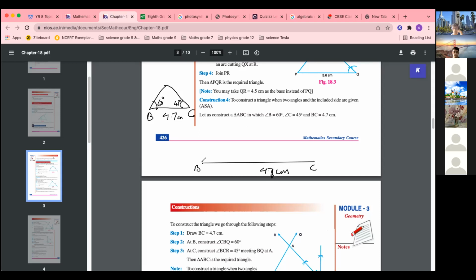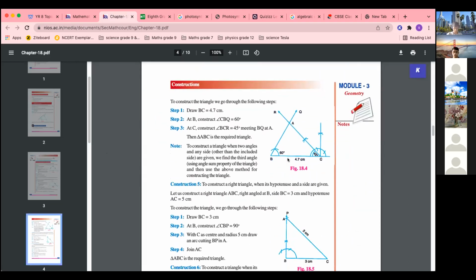Now at B, draw a 60 degree angle. You know how to draw it. So this is a 60 degree angle. And at C, a 45 degree angle. Wherever the point of intersection is, this is point A. Is it clear? 60 degrees, 45 degrees, and you will get the third point. So this way you have to draw.